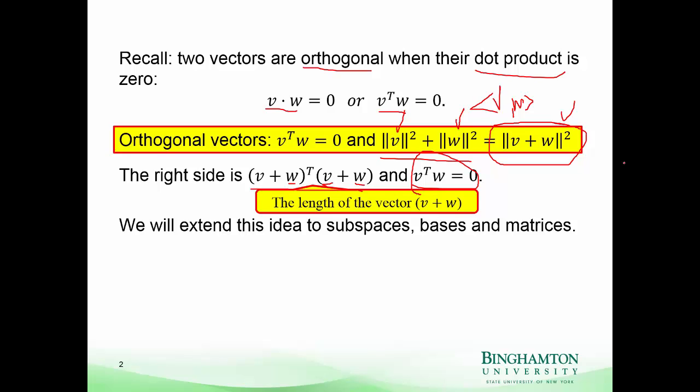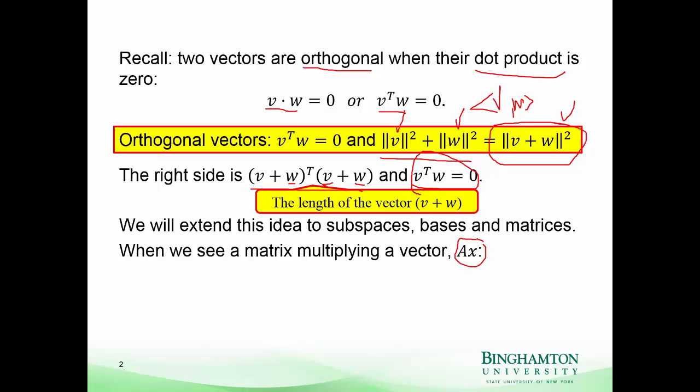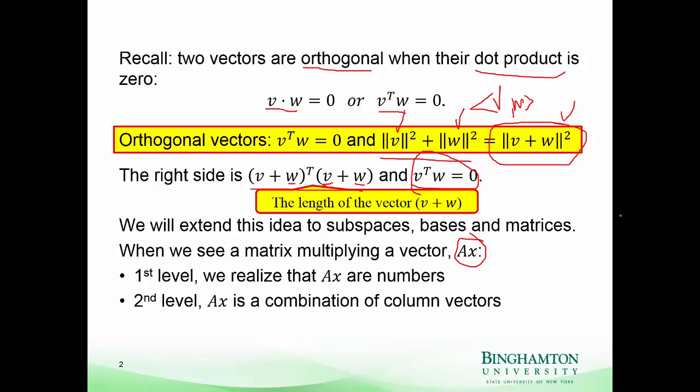So we can extend this idea of orthogonality, not so much the norms of sums and things, that was just a little side thing, to subspaces, spaces, and matrices. It comes from when we think about A times X. On the first level, we're just thinking about it as numbers, things that we're doing with numbers. The second level we think about when we do AX is that we're combining column vectors.